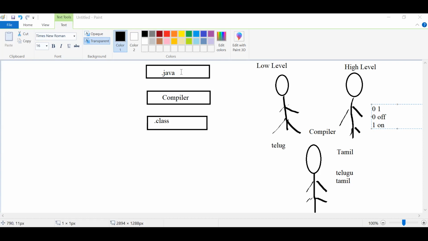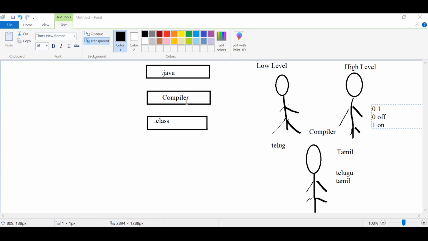Okay, right. So in Java, it introduced the JVM, Java Virtual Machine. So in that way, when you write this Java program and compile it, this compiler belongs to Java.